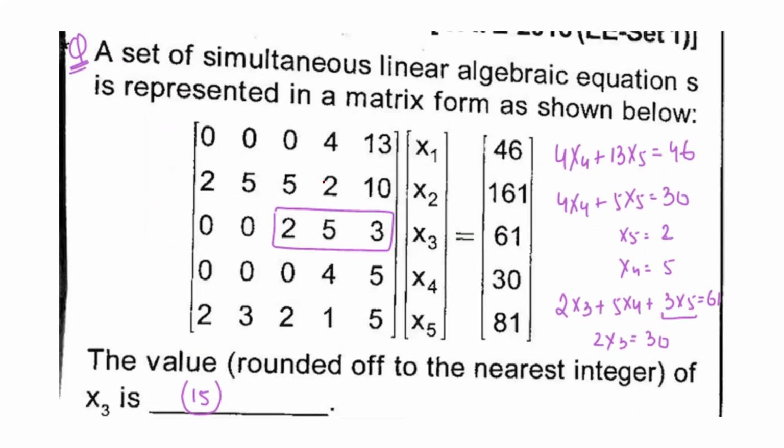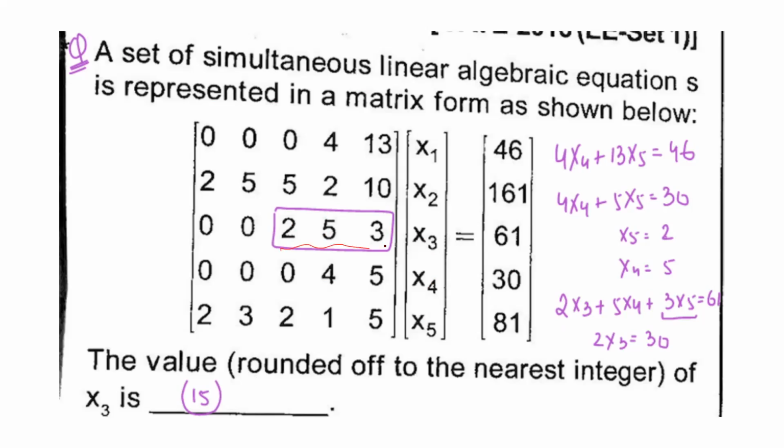A set of simultaneous linear algebraic equations is represented in matrix form as shown below. The value of x3 can be determined from this equation: x3 plus x4 plus x5 is equal to 61.